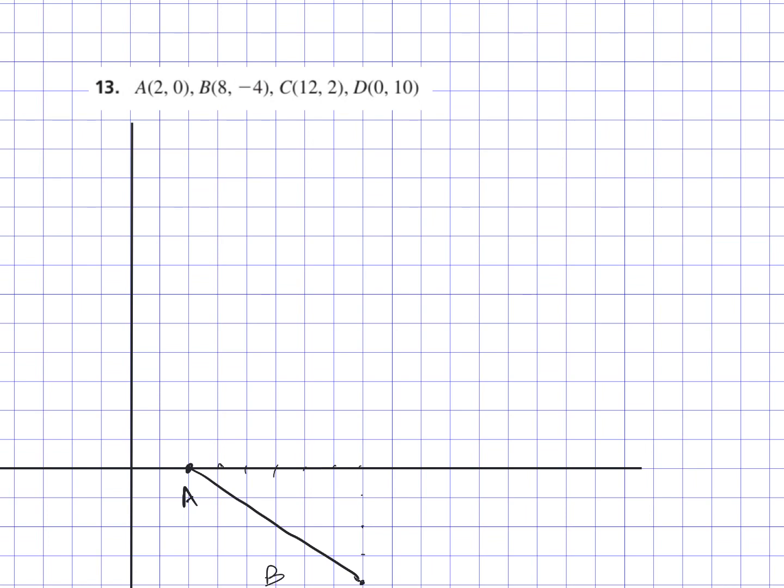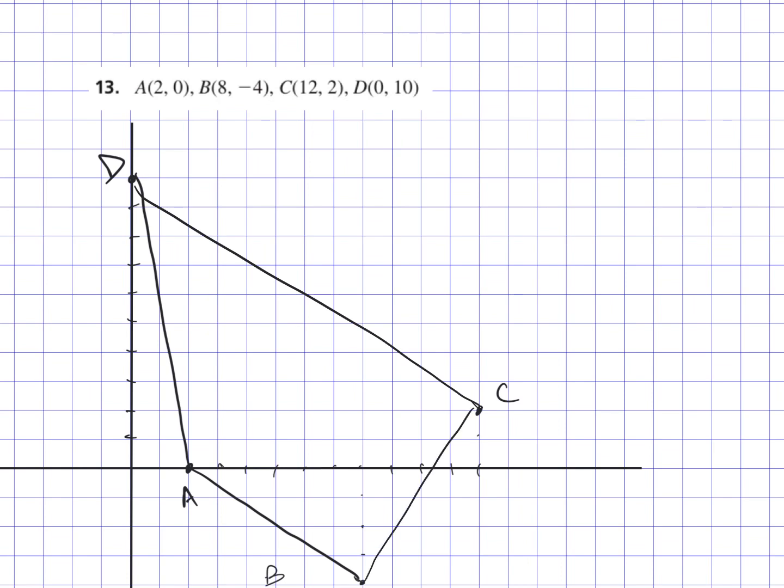And 0, 10 is D. Wow, sorry about that. And obviously my lines are not going to have the right labels on them.